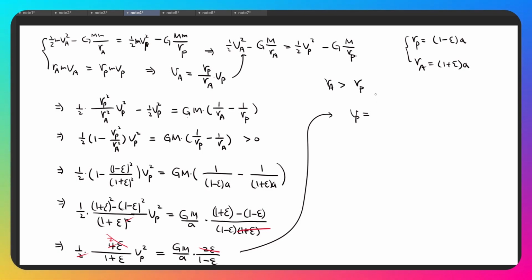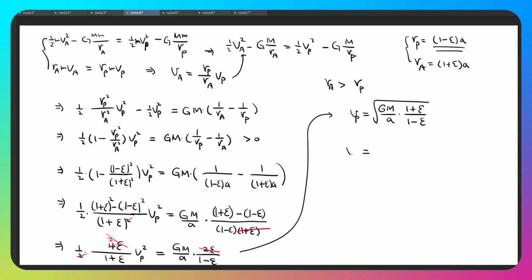So VP equals, I'm going to move this 1 plus epsilon to the right side. And then VP equals the square root of GM over A times 1 plus epsilon over 1 minus epsilon, right? Now RP is, remember, 1 minus epsilon times A. That's exactly this term.